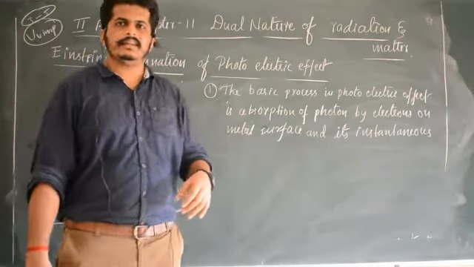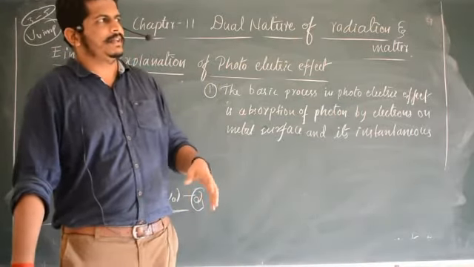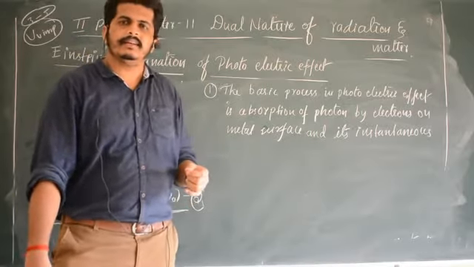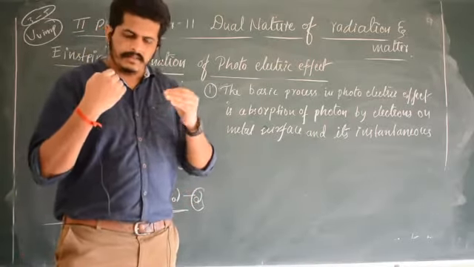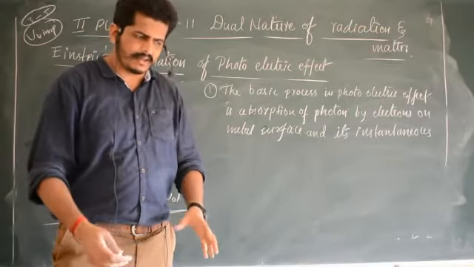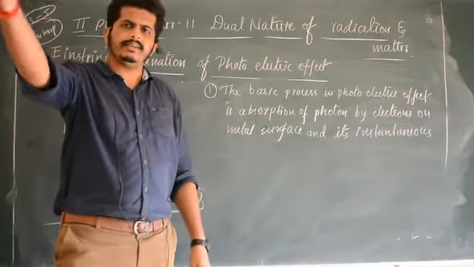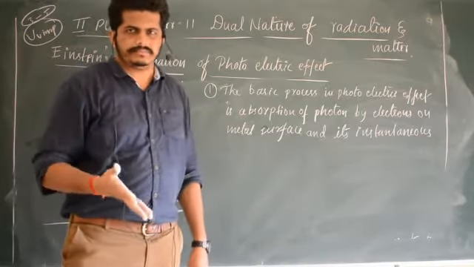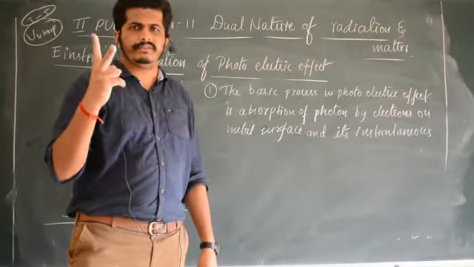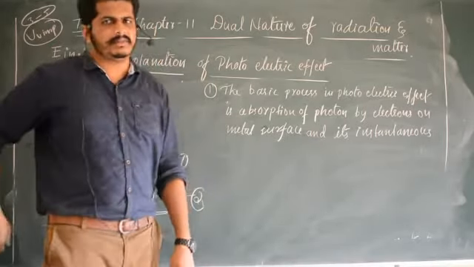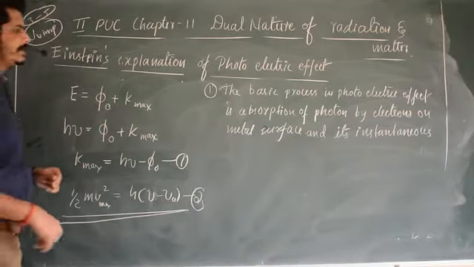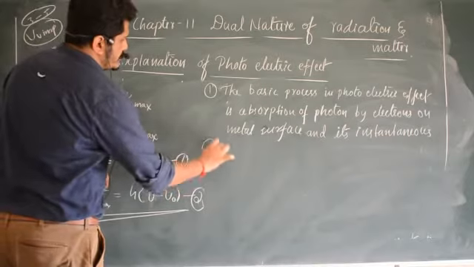But he didn't say just that light of suitable frequency will fall. He explained something very basic: give and take. Electrons absorb photon from light, utilize the energy, and come out. How it utilizes energy? In two different ways, which is already discussed in the equation. So the first point is over, and Einstein explained that the process is instantaneous.